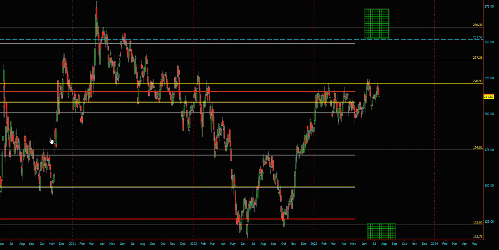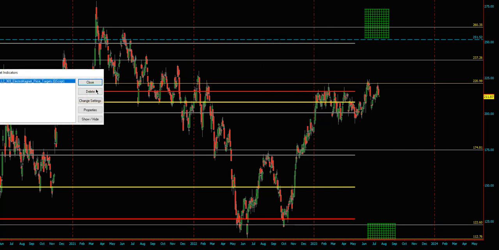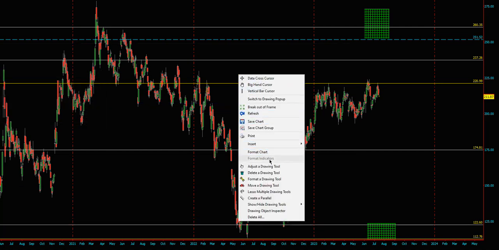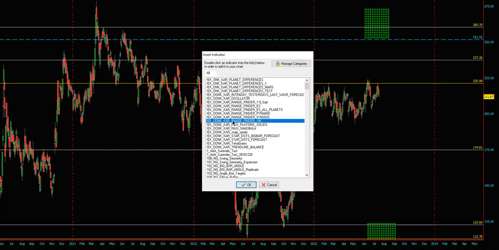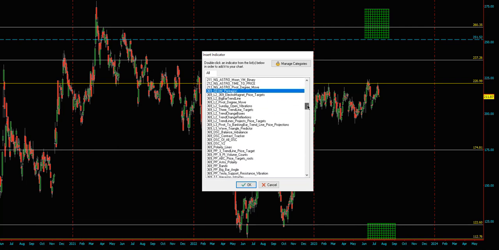So let's bring back the reflector as well, and let's look at the down targets if it pushes down. Now we also have a wave predictor.